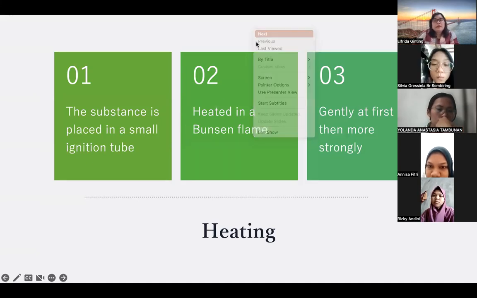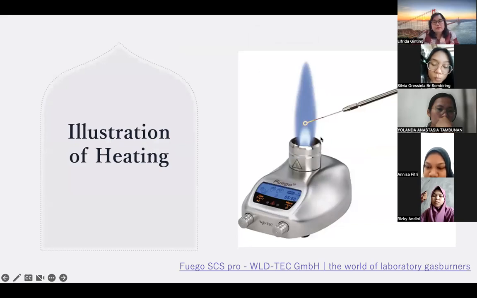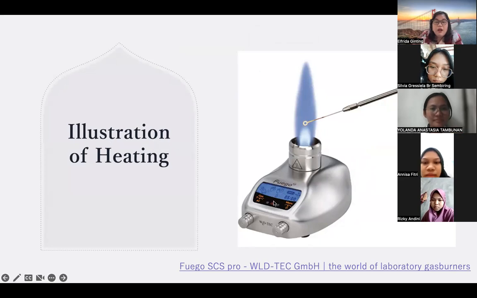Okay, now, this is the example. So this is sort of like a needle, right? It has a long handle, and this is like a fancy Bunsen flame, right? Because you can control how your flame is.